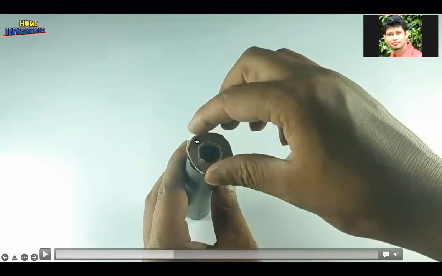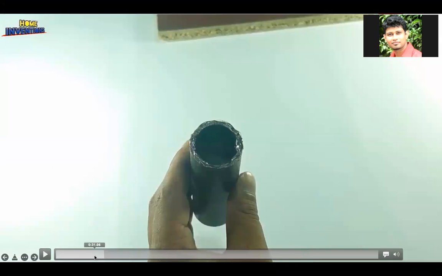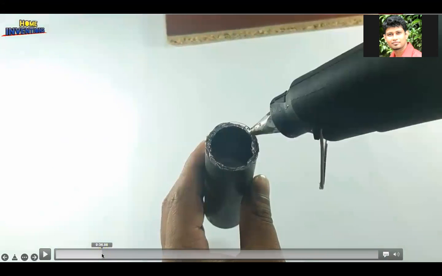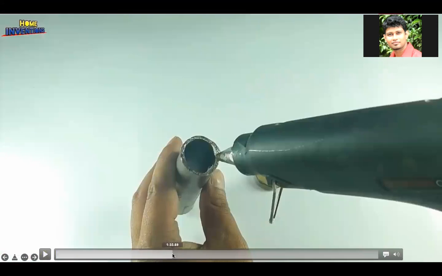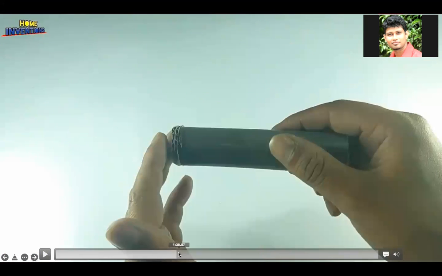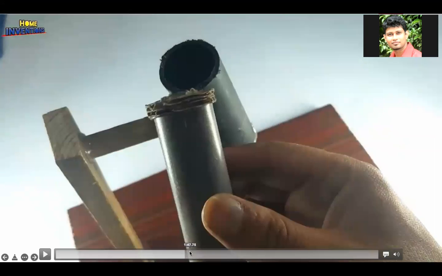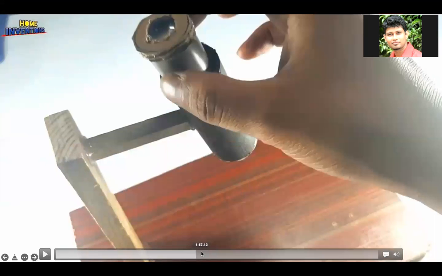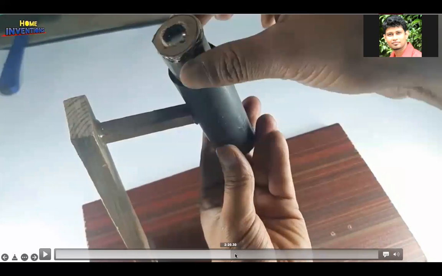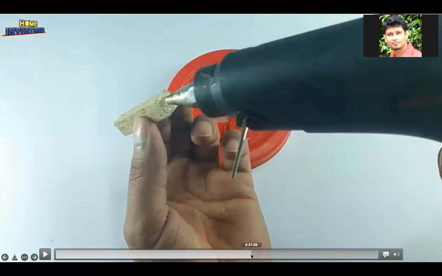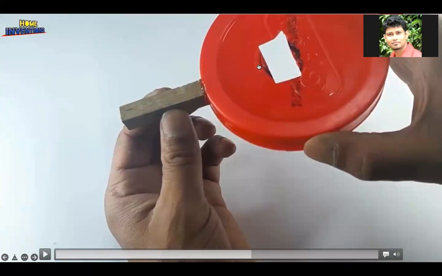A compound microscope has 2 lenses. You can see here they have installed 1 lens, and there will be another lens after that. Because of these 2 lenses, the magnification is achieved. After that, they mount this together, and you can see a small cover, and there is a hole.